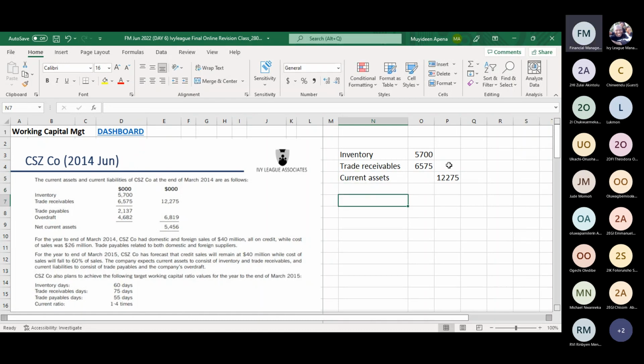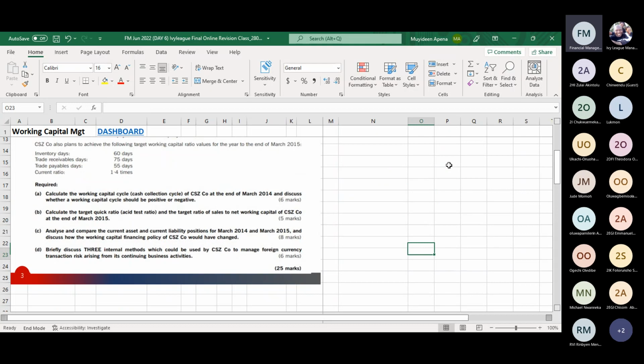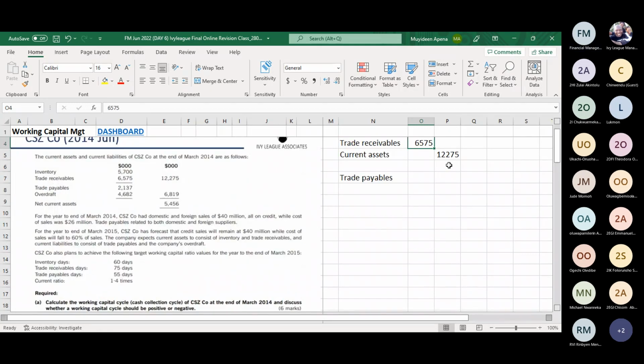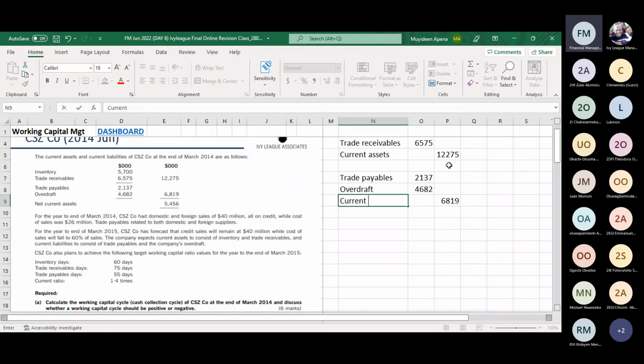And we have trade payables, 137. And then overdraft, 4,682, giving a total of 6,819 current liabilities.